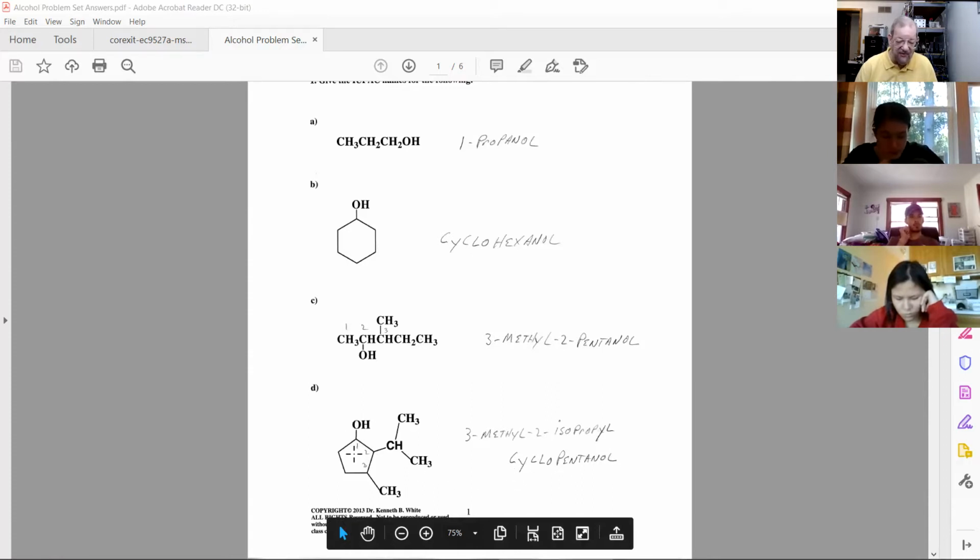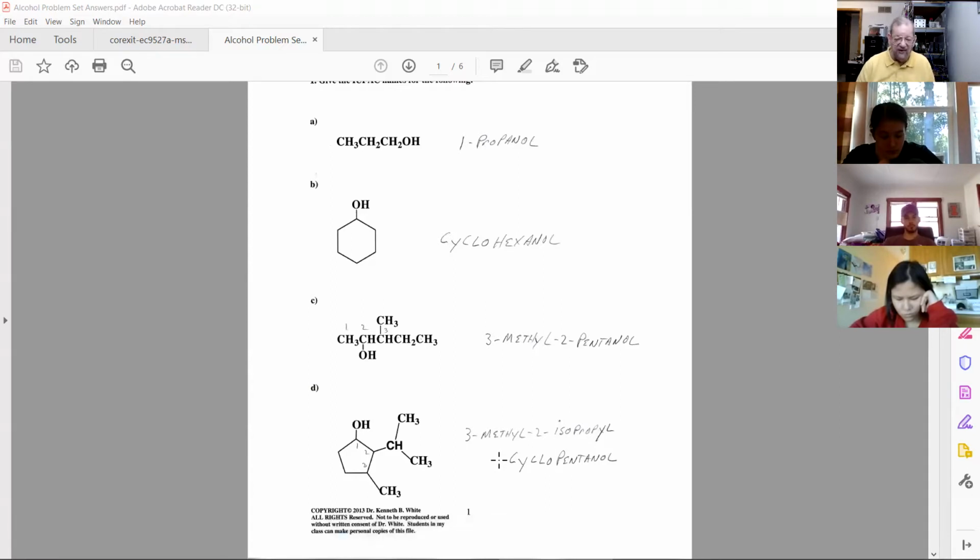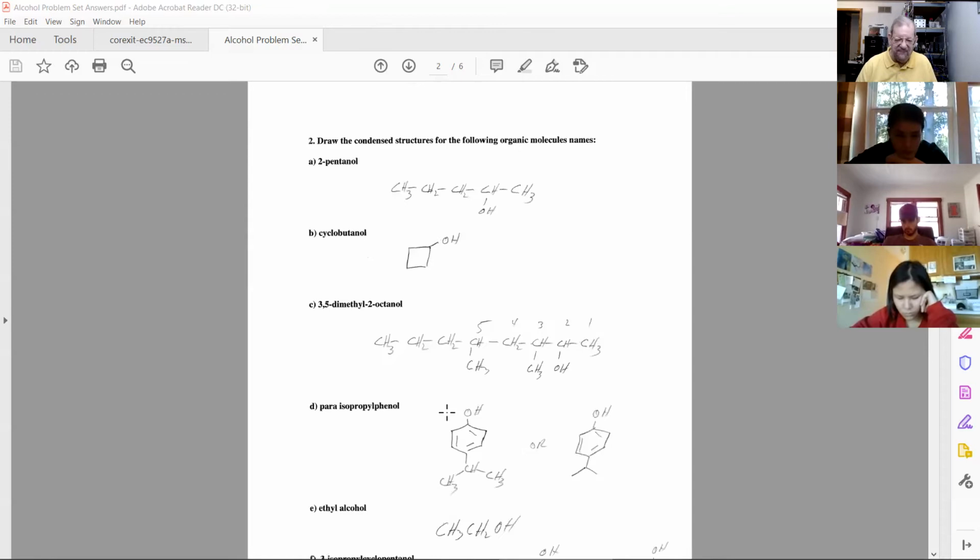The carbon with the hydroxyl group is carbon 1, and then on carbon 2, we have an isopropyl, 3-methyl. Therefore, the correct IUPAC name using the alphabet rule is 3-methyl, 2-isopropyl, cyclopentanol. If you put down 2-isopropyl, 3-methyl, I would have given you full credit.